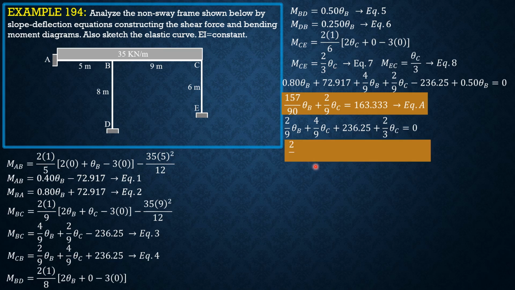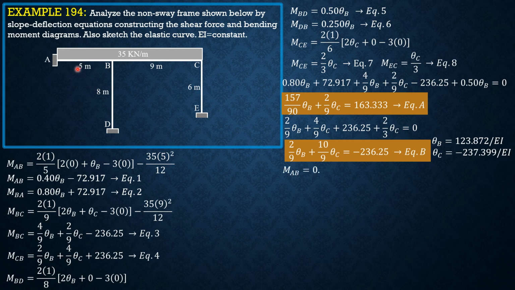Combining like terms and simplifying, 2/9 theta B plus 10/9 theta C equals negative 236.25, equation B. Solving these two equations simultaneously, we get theta B equals 123.872 over EI. Theta C is equal to negative 237.399 over EI. Having found these slopes, we can now find the moments.